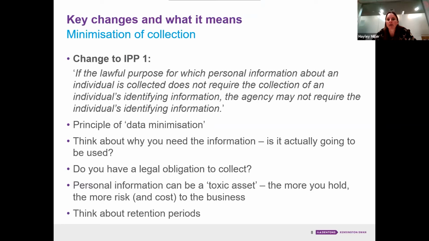So if the lawful purpose for which personal information about an individual is collected does not require the collection of an individual's identifying information, and obviously identifying information includes a name, but is not limited to a name, so a key element there, the agency may not require the individual's identifying information. And this very much harps into that concept of data minimization. If you don't need to collect it, you shouldn't do so.